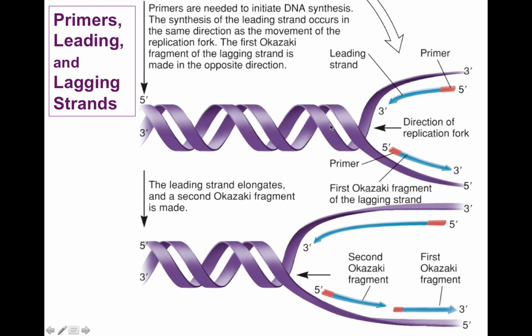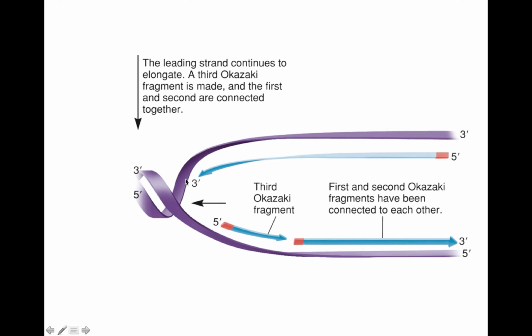But we need to replicate this DNA as well. So when more DNA is separated, a new primer is laid down by a specific protein, and another short fragment of DNA is synthesized. These short fragments are called Okazaki fragments, after Mr. Okazaki, and they are a way to replicate this lagging strand of the DNA molecule. As you proceed down the length of the DNA, you add a third Okazaki fragment.